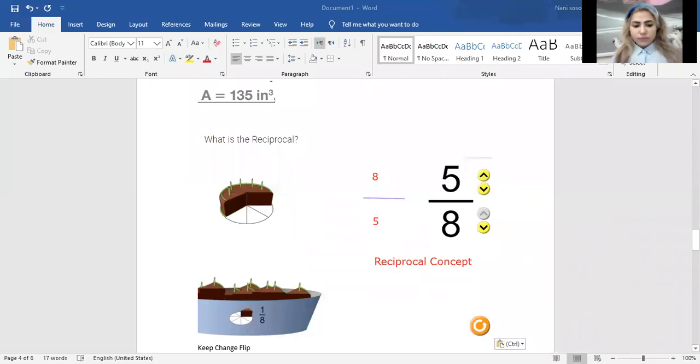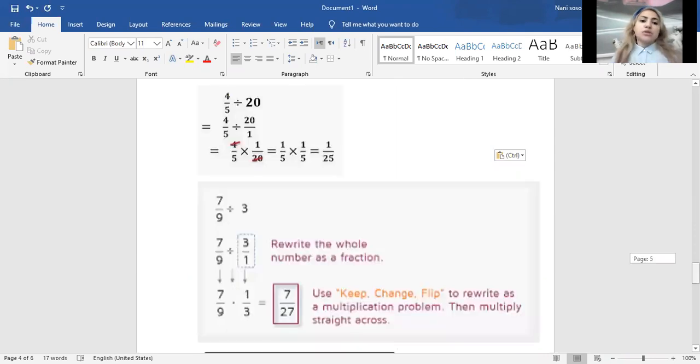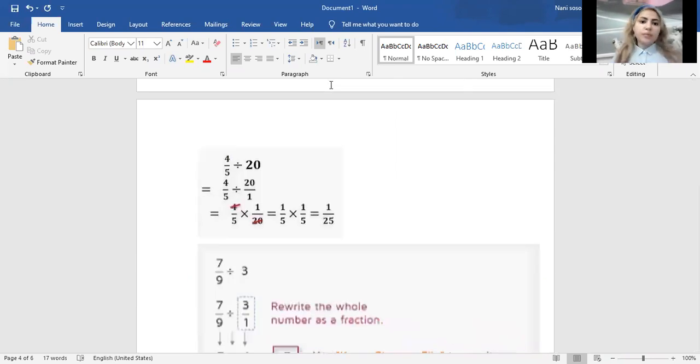My very important concept is called keep, change, flip. We solved it with keep, change, flip for weeks, so I'm sure that all of you know this concept. So my very important concept is what? Keep, change, flip, which all of you solved with.